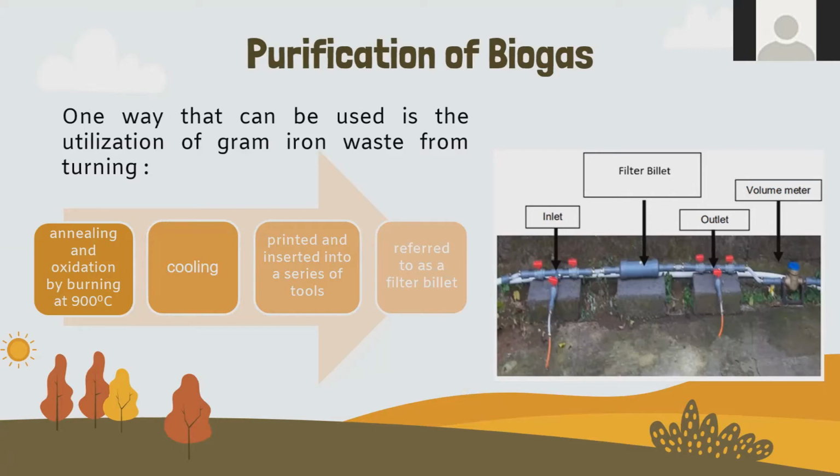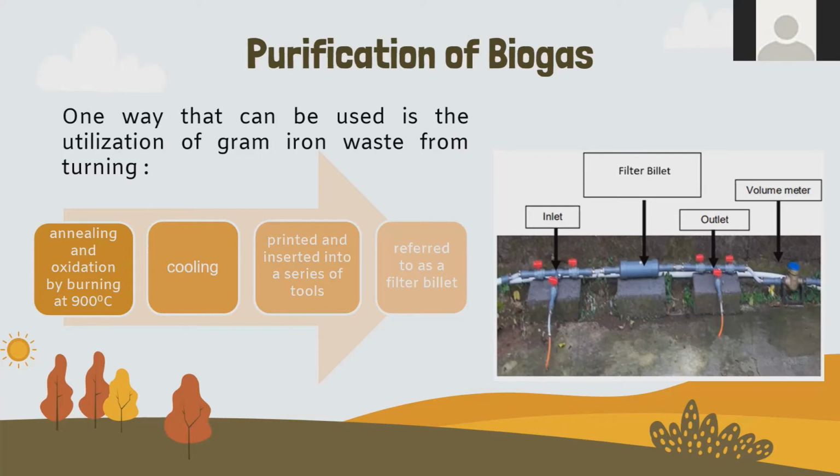Hydrogen sulfide is an impurity gas found in commercial gas which has an odor, is deadly, and is very corrosive to various types of metals, so it can cause components of other tools such as stoves used for cooking to rust quickly, and generator engines will be quickly damaged due to corrosion, both on the inside and on the outside of the generator engine.